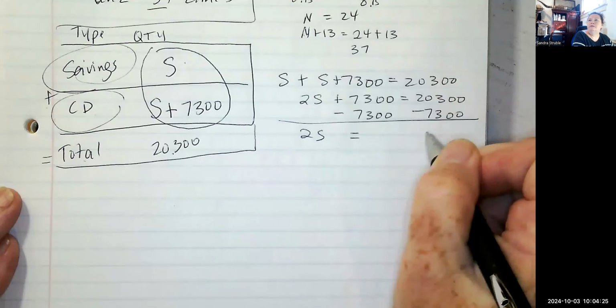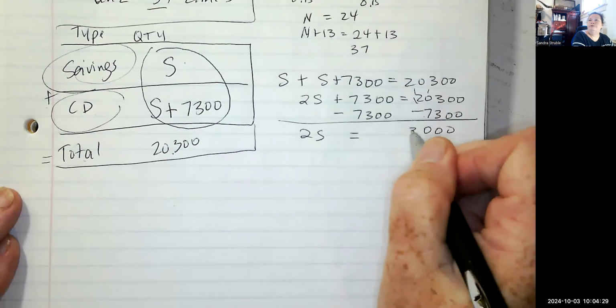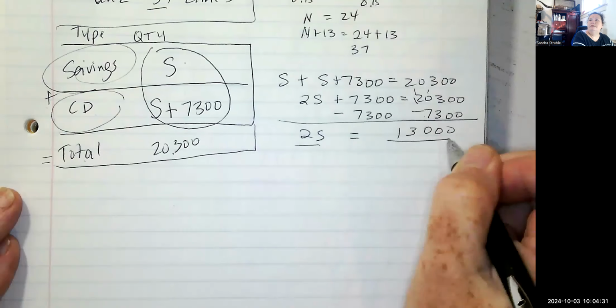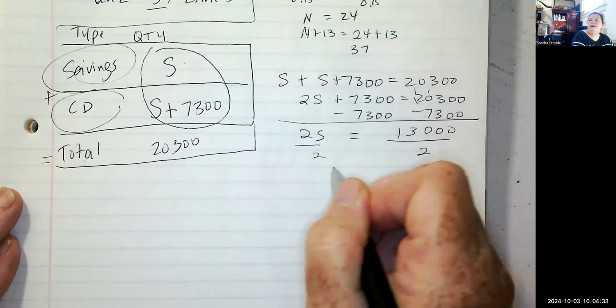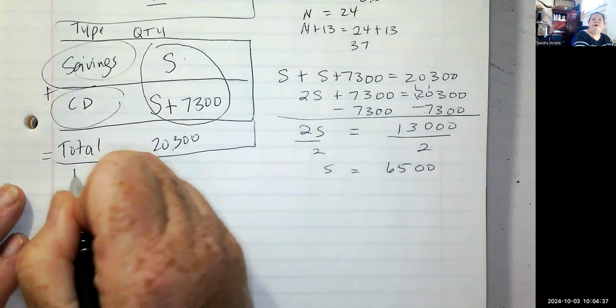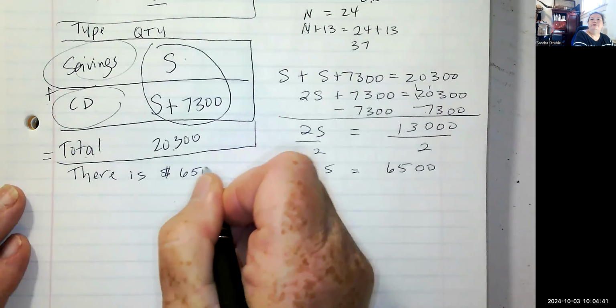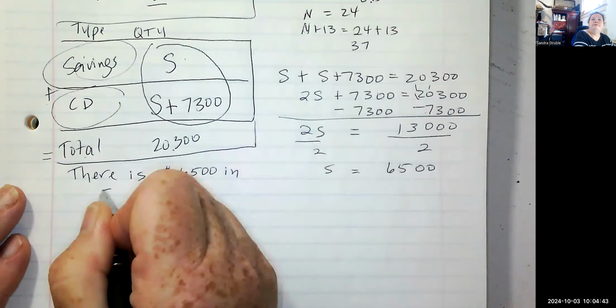This is 13,000. Divide both sides by 2. S is equal to 6,500. So there is $6,500 in savings.